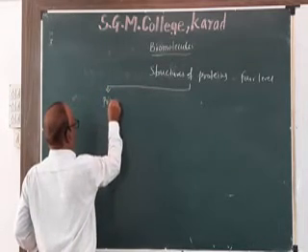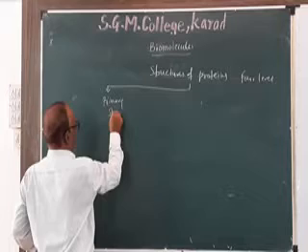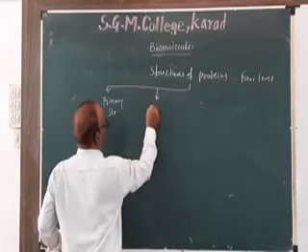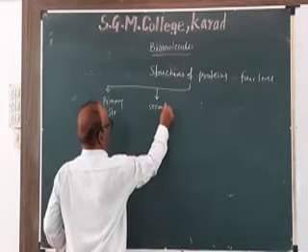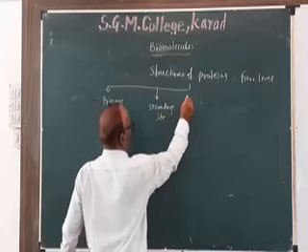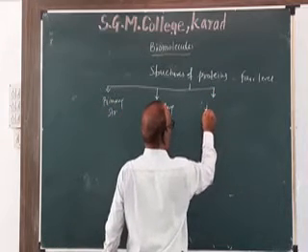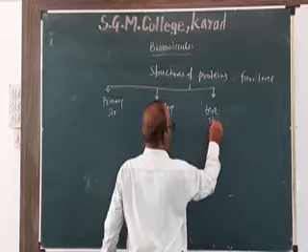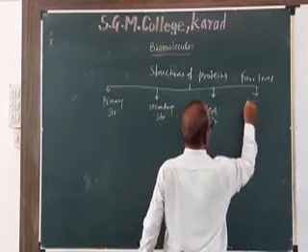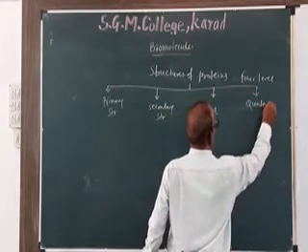One is primary structure, second is secondary structure, third is tertiary structure, and fourth is quaternary structure.